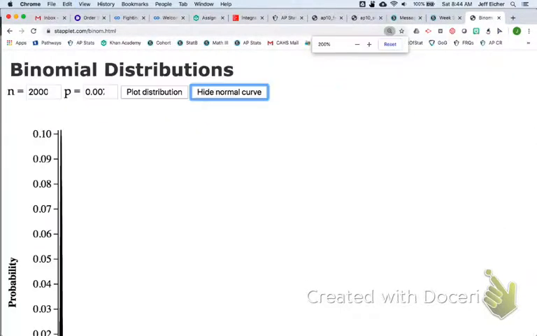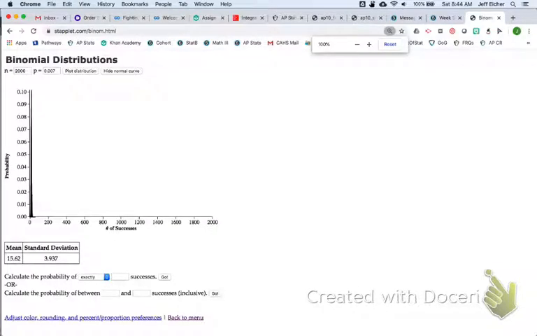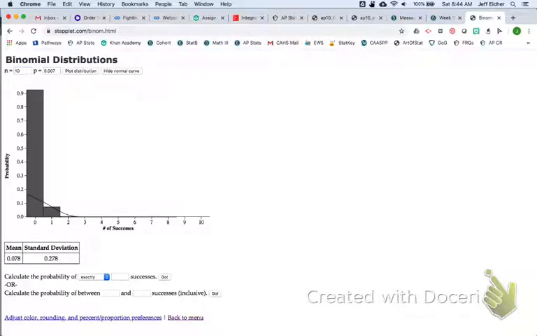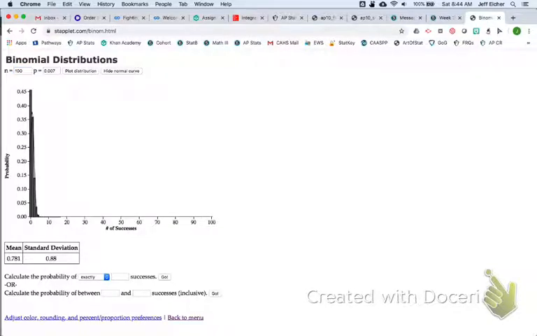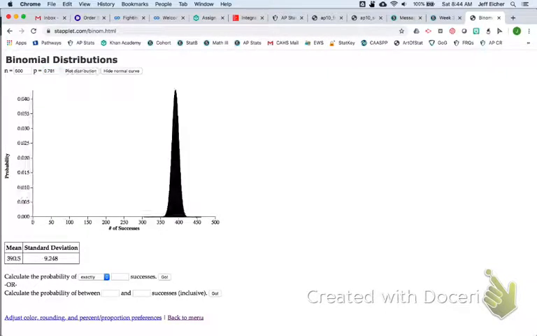Now let's say we didn't have a large enough sample size. Let's say our sample size was 10, and plot that distribution. That is definitely not a normal distribution. But as we increase the sample size, that's about a half of a normal distribution, maybe. Try 500. Yeah, since our probability of success is so small, let me just change that. There you go.